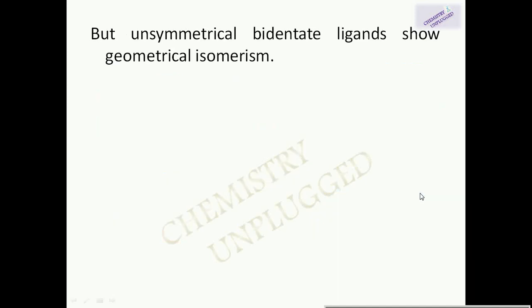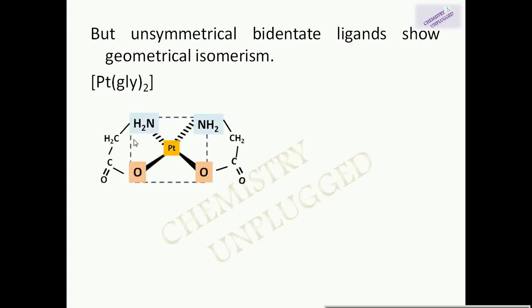But if the bidentate ligands are unsymmetrical in nature, for example diglycinato-platinum, this glycinate ligand has two sides. One donor is NH2 and another donor is an oxygen atom. So it can align in two ways.